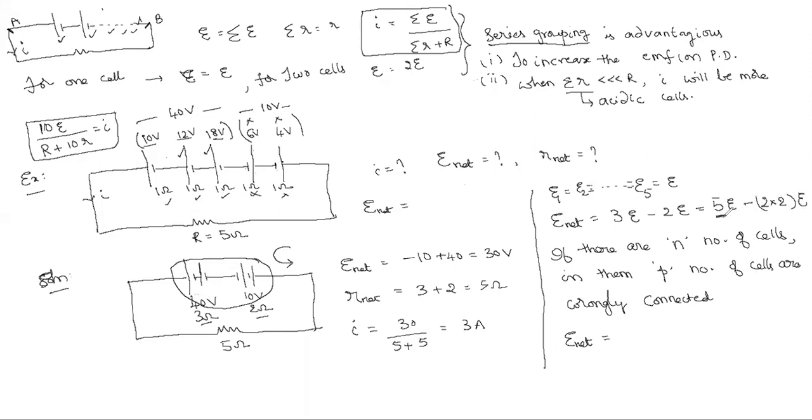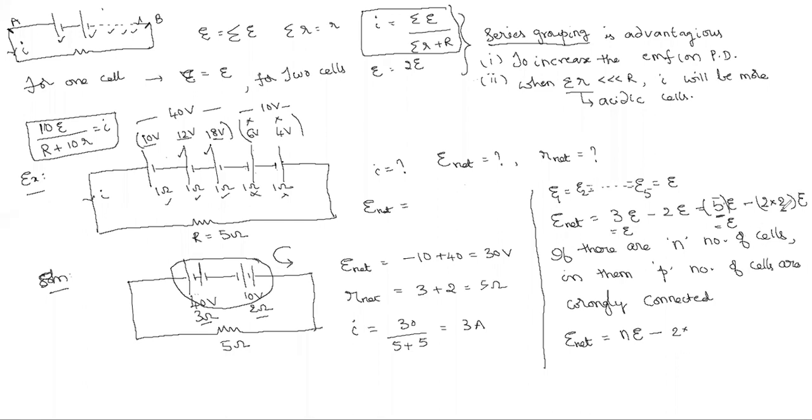What is wrong in this type of writing, Nana? Is it wrong or correct? Correct, sir. 5 minus 4 is E, the actual answer is E only. Here also you are getting the same E. So 5E minus 2 into 2E, where 5 is the total number, NE, minus 2 into the number of cells wrongly connected.